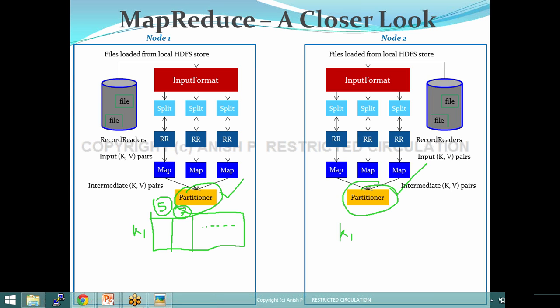In this manner, key K1 and key K1 from both partitioners will go to the same reducer. Partitioner is the actual class that takes the decision where each and every key value pair goes. It divides the data, it partitions the data into different parts. It partitions the intermediate outputs.